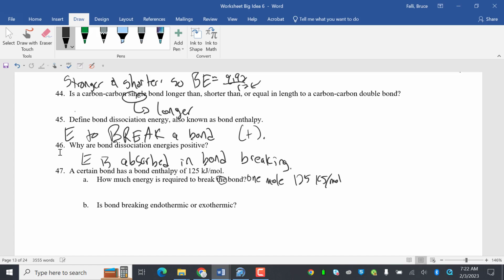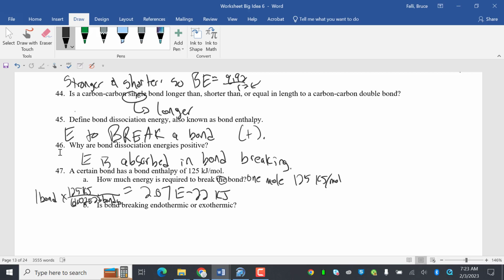If the bond means a single bond, I'm going to say I have 1 bond times 125 kilojoules per 1 mole times 6.02 E23 bonds. And this is shockingly kind of a common question that they do to you. So you have 1 times 125 divided by Avogadro's number, and you get 2.07 E negative 22 kilojoules.